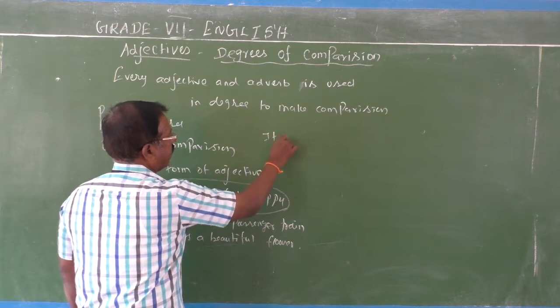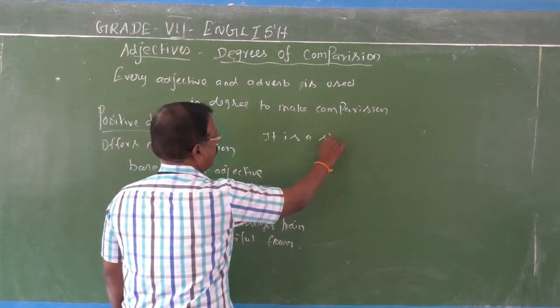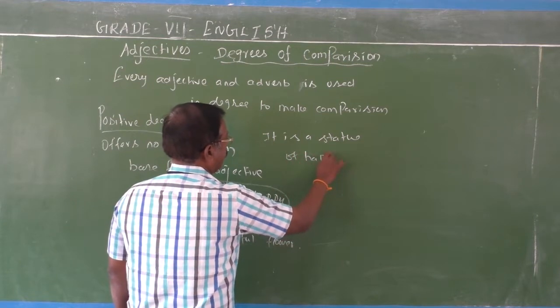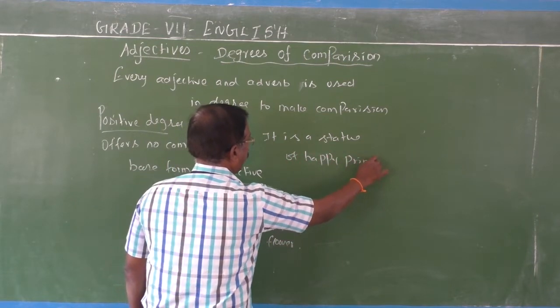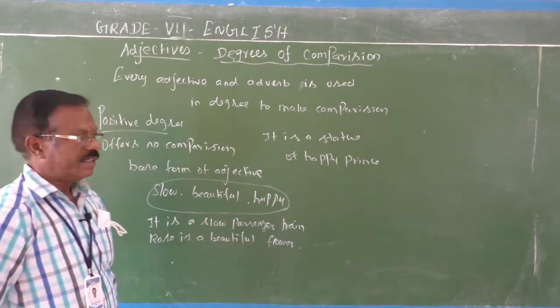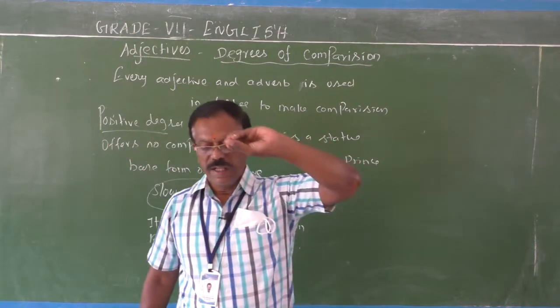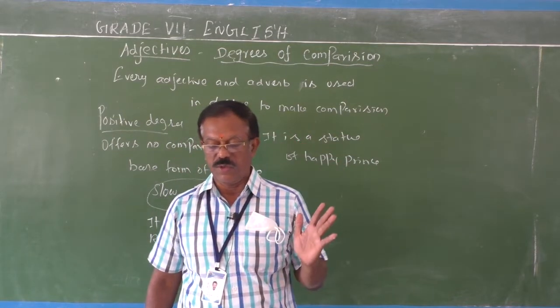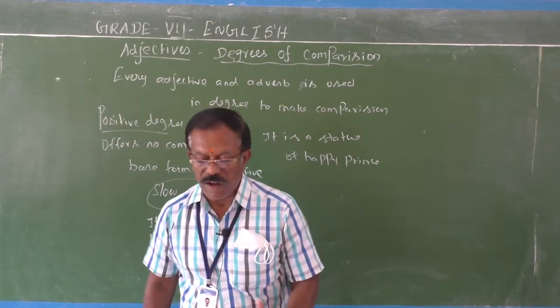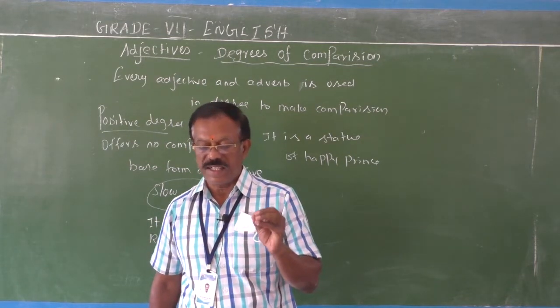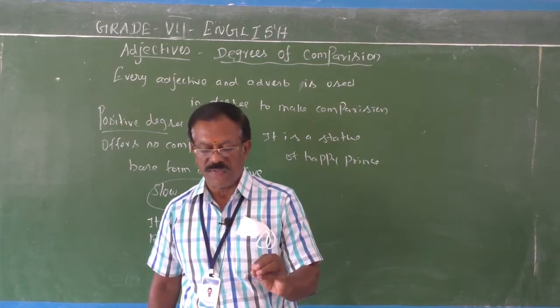It is a statue of Happy Prince. So in this way, the positive degree of adjectives is called the base form of adjectives. It offers no comparison. It just tells us about the existence of a quality.